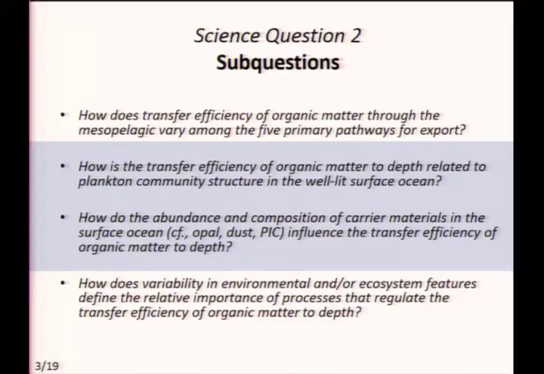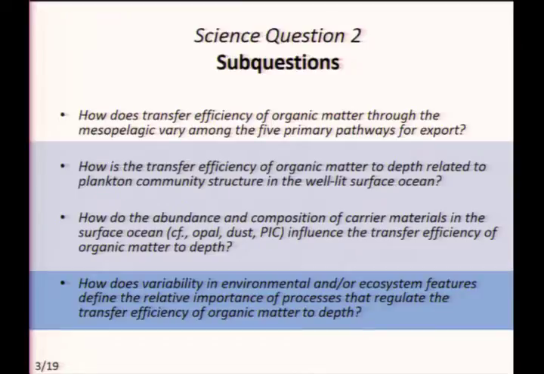In particular, the center 2 focus on how the surface community influences what happens deeper down. So even when this material leaves the surface, how is the surface community influencing how rapidly that material is degraded? And then the final sub-question is how does the community within the twilight zone act to attenuate this flux of material sinking through it?